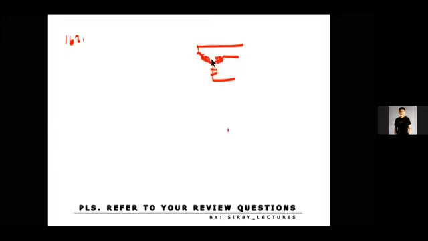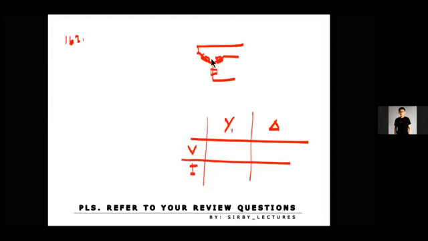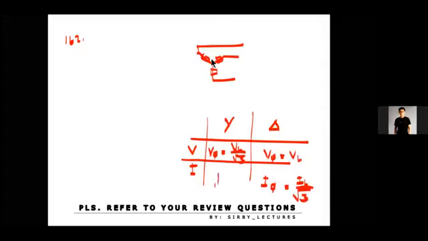Recall that in our table, in terms of voltage and current, for a Y connection we have V phase is equal to the line voltage divided by square root of 3, and here in terms of the current, I phase is equal to I sub L.